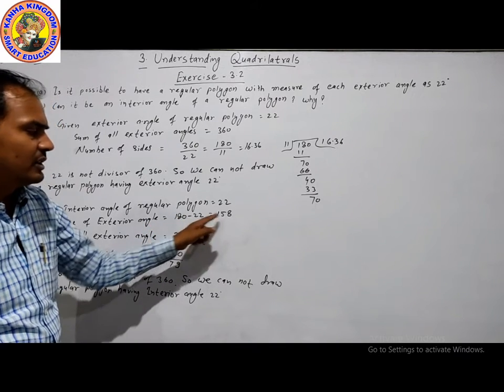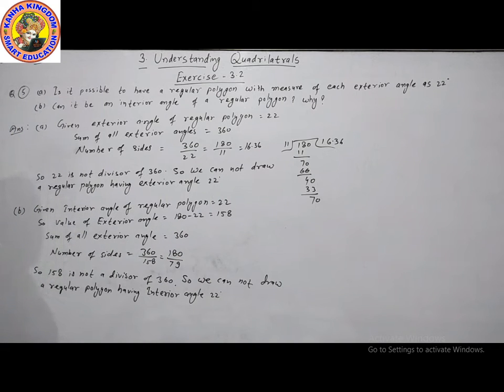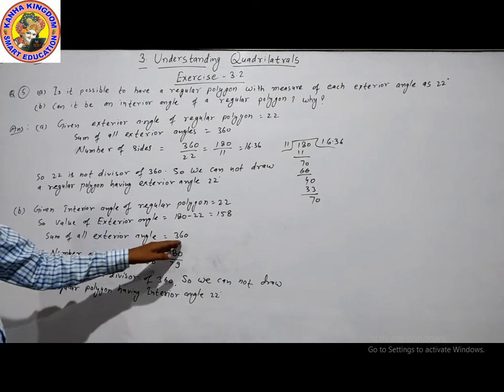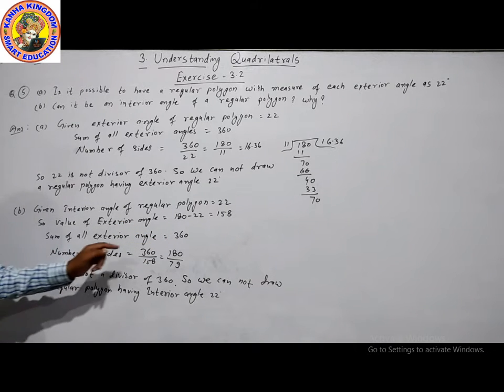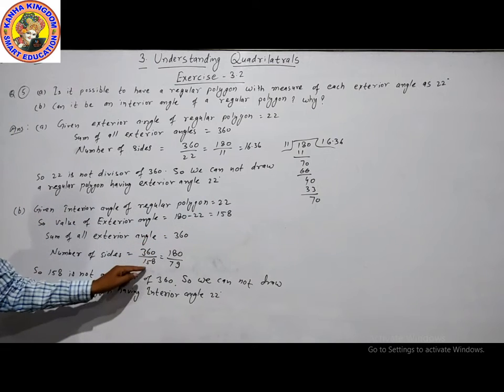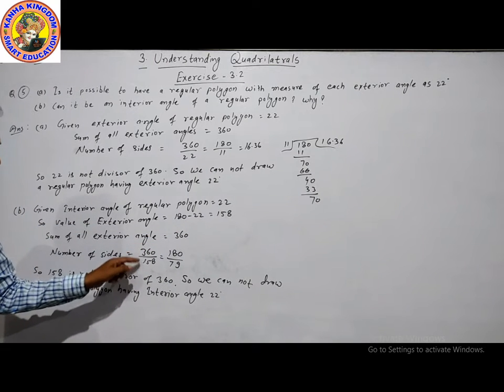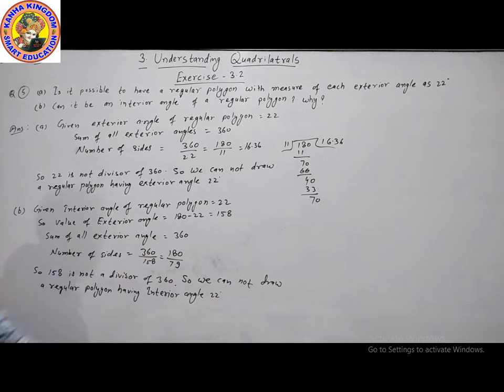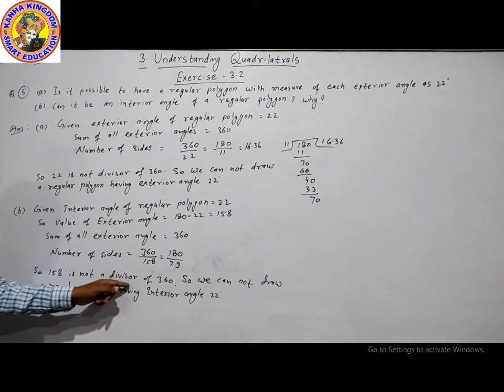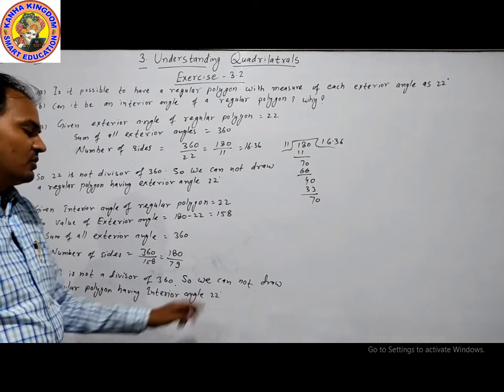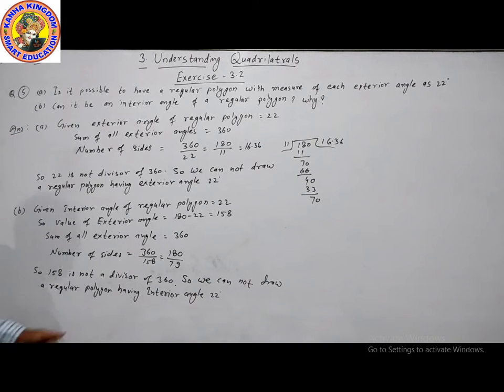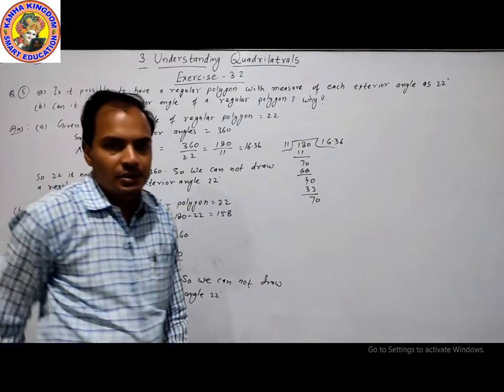So 180 minus 22 is equal to 158. We know that the sum of all exterior angles is 360, so the number of sides is 360 divided by the exterior angle, 158. We divide by 2: 180 and 79. 79 cannot divide 180 in an integer number. So 158 is not a divisor of 360, so we cannot draw a regular polygon having interior angle 22.